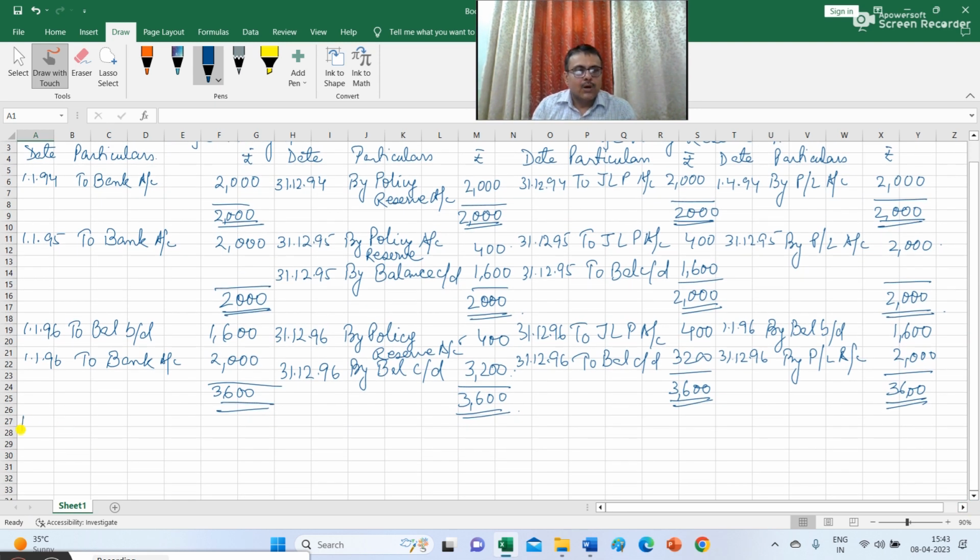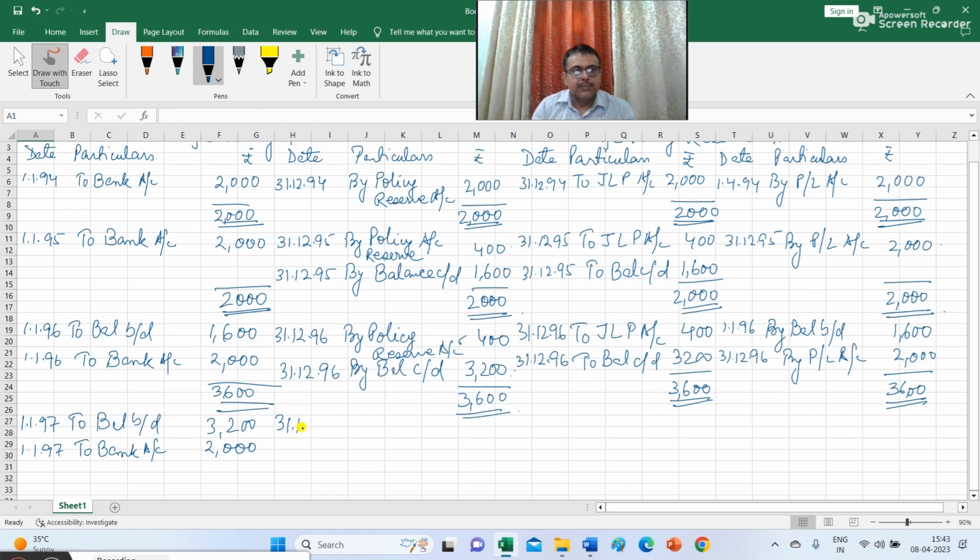Now, on 1st January 97, the amount will be brought down here as to balance BD 3,200, and on the same day amount of premium was paid, so to bank account 2,000.